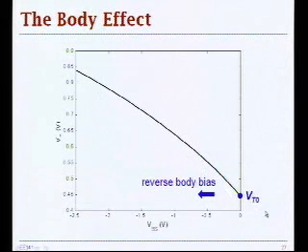Going into another direction has a restriction because you can't really do much of a forward body bias on an NMOS because you have P substrate and you have N plus regions for source and drain, and therefore you have a diode. It's a PN junction over there. And if you go too much in a forward direction, you basically no longer have your transistor. You just have a diode between your bulk and the source region.